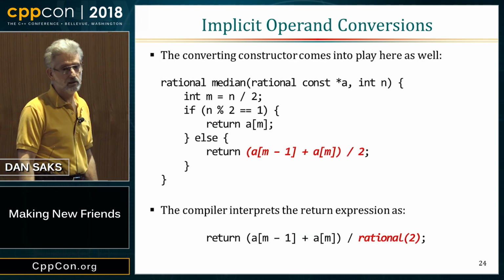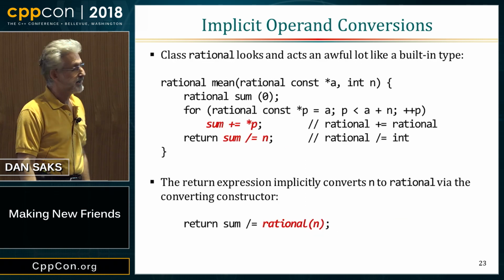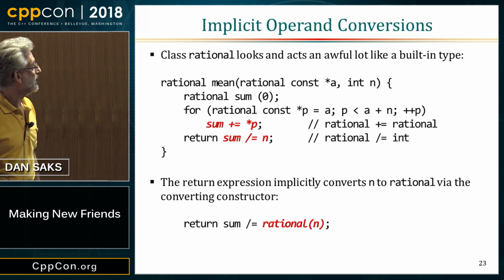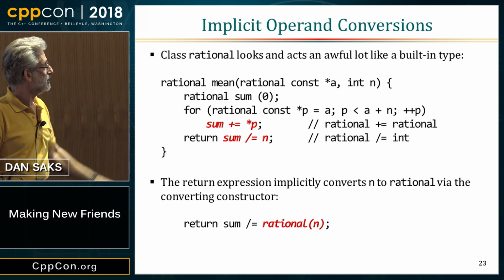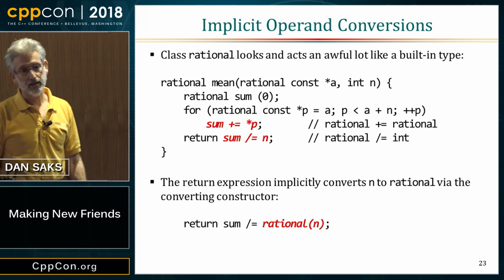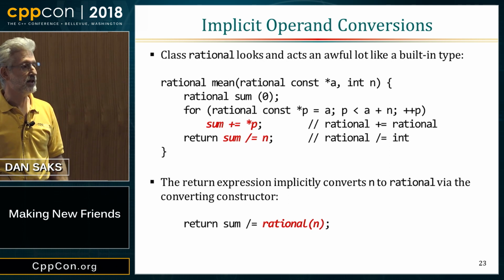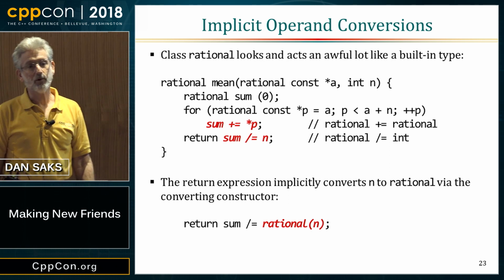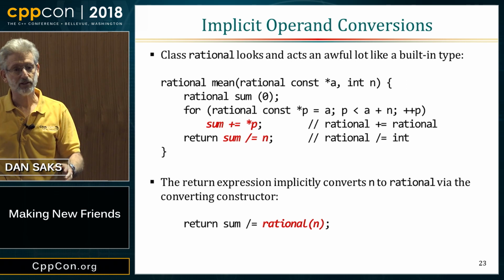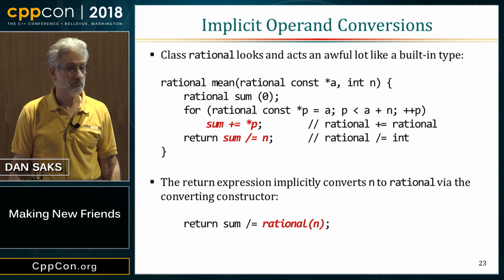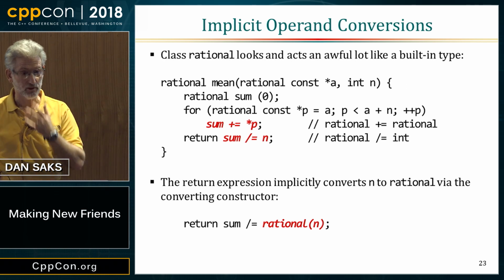Whereas if you had explicit, it would not do that? That's right. If you declared the converting constructor explicit, then you would have to explicitly write what is on that last line in the slide. Okay. See, because there are ample examples of classes which have a constructor that can be invoked with one argument where you don't want that implicit conversion.